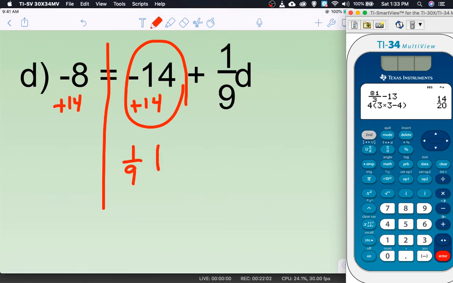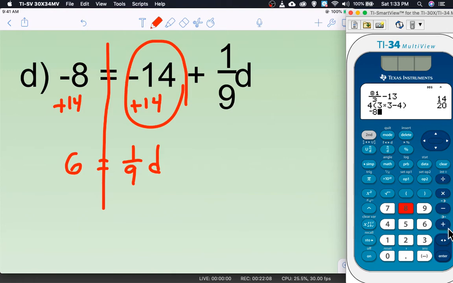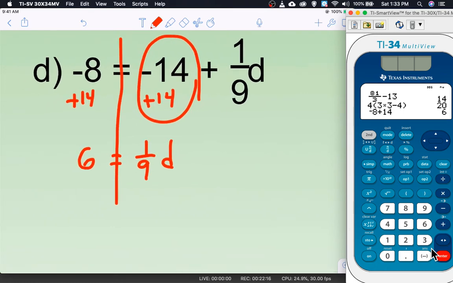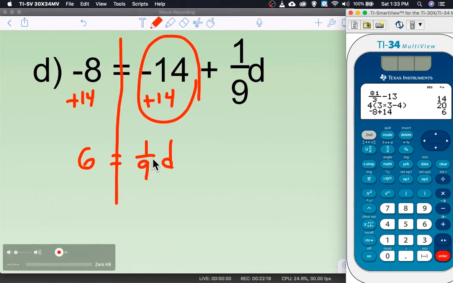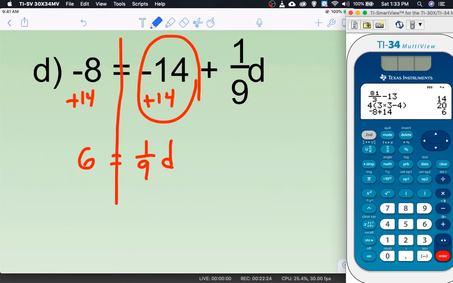1/9 d equals 6. That is our negative 8 plus 14 is 6. And just like in the previous lesson, we learned how we can solve this equation, how to get rid of this 1/9. By hand, we would multiply both sides by the reciprocal of that fraction.